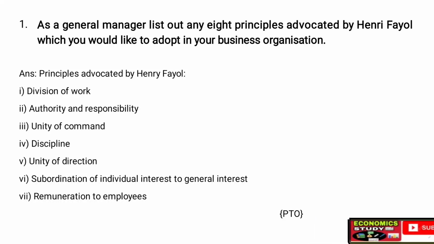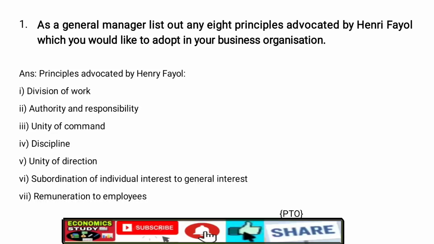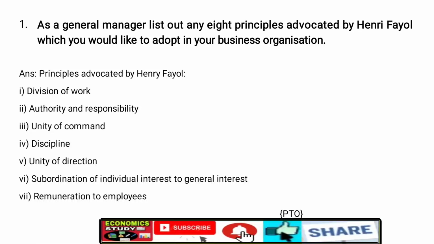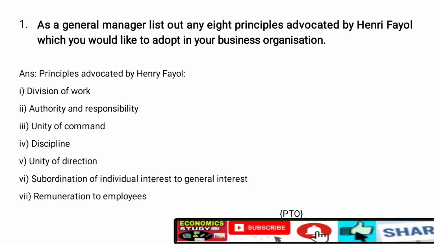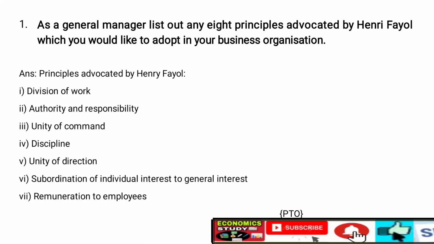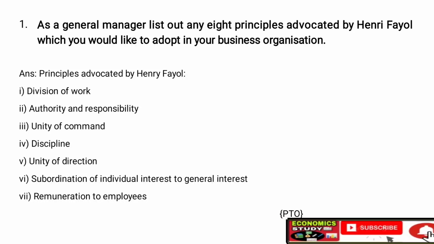First one is division of work. Second, authority and responsibility. Third, unity of command. Fourth, discipline. Fifth, unity of direction. Sixth, subordination of individual interest to general interest.